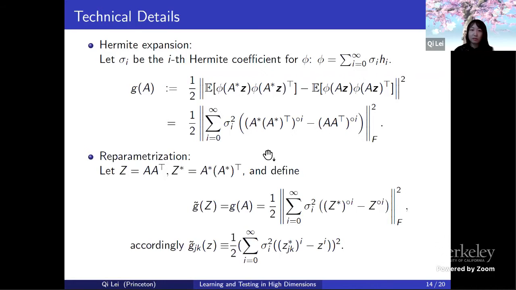So we can do the following reparametrization: we write Z equals A A transpose and Z star equals A star A star transpose. Then we write G(A) in this following form.